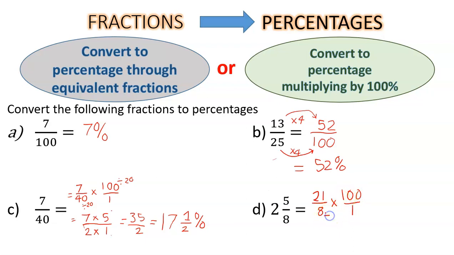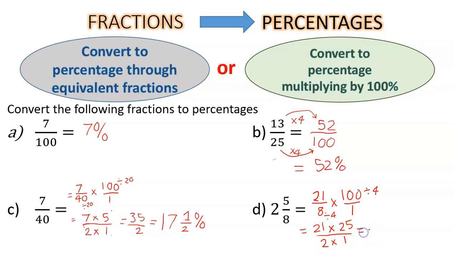I can divide by 4, and I can divide by 4. So what I'm actually left with here is I've got 21 multiplied by 100 divided by 4 is 25. And all of that is going to be over 8 divided by 4 is 2 multiplied by 1.